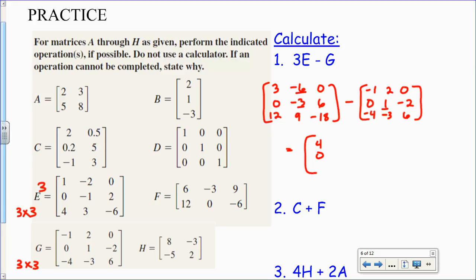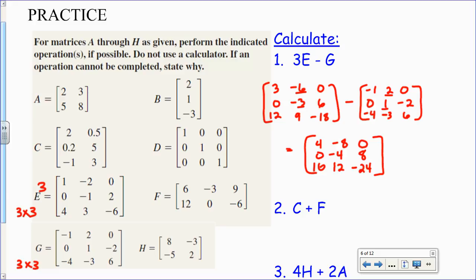So negative 6 minus 2 is negative 8. 6 minus negative 2 is positive 8. 12 minus negative 4 is 16. 9 minus negative 3 is 12. And negative 18 minus 6 is negative 24. Okay?